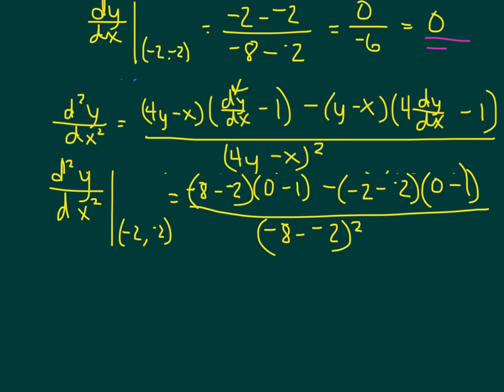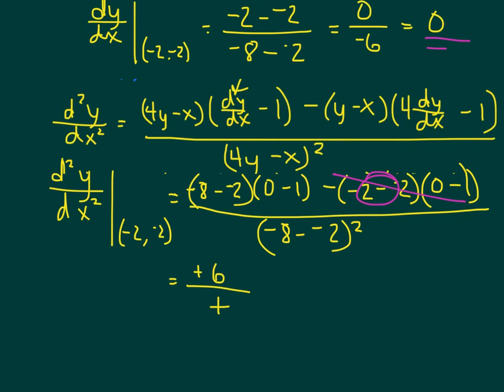So let's go ahead and evaluate this and see what we get. Negative 8 minus negative 2 would be a negative 6, times negative 1 is going to be a positive 6. Again, we have negative 2 minus negative 2 here, which is going to be 0, so this whole thing is going to be gone. All over negative 8 minus negative 2, which would be negative 6, but then we're squaring it, so we're going to get a positive number on the bottom.